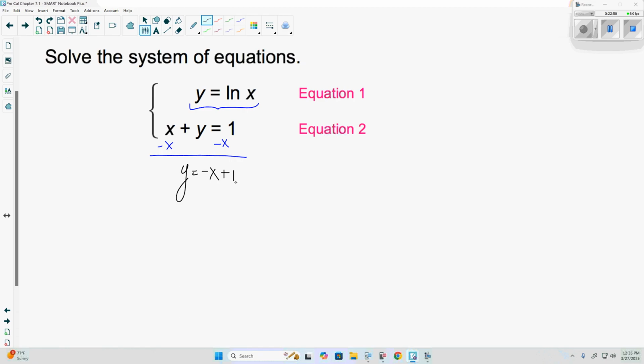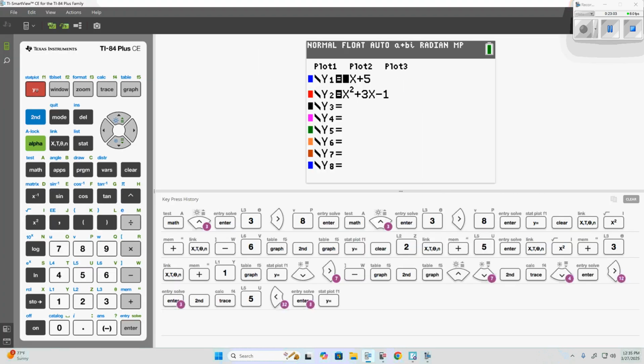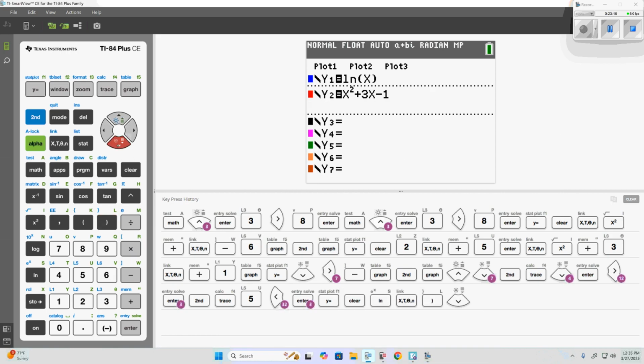At this point here, we can type these in. So we can grab the graphing calculator, hit y equals. And the first one we have is the natural log of x, -x plus 1. Graph.